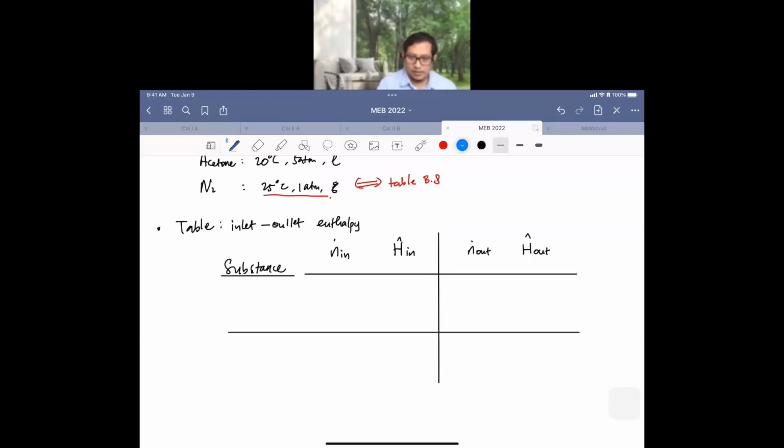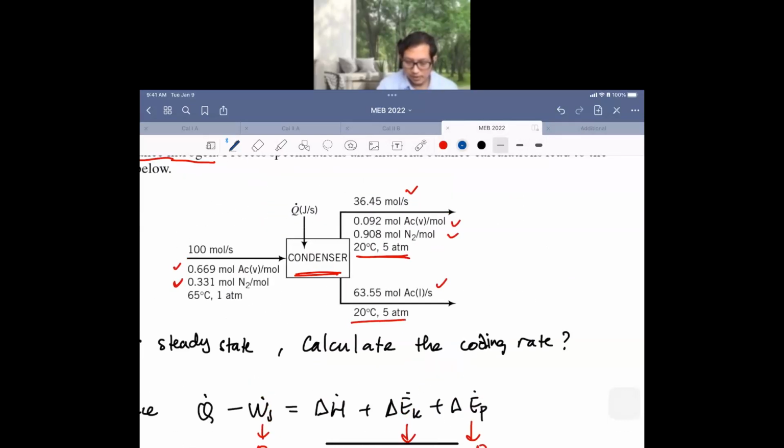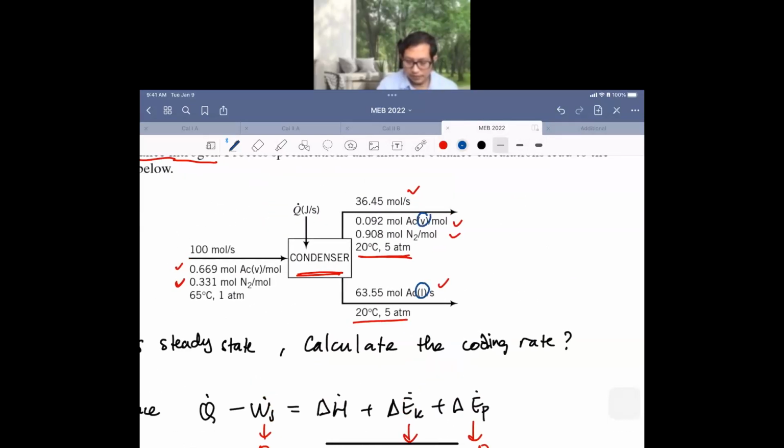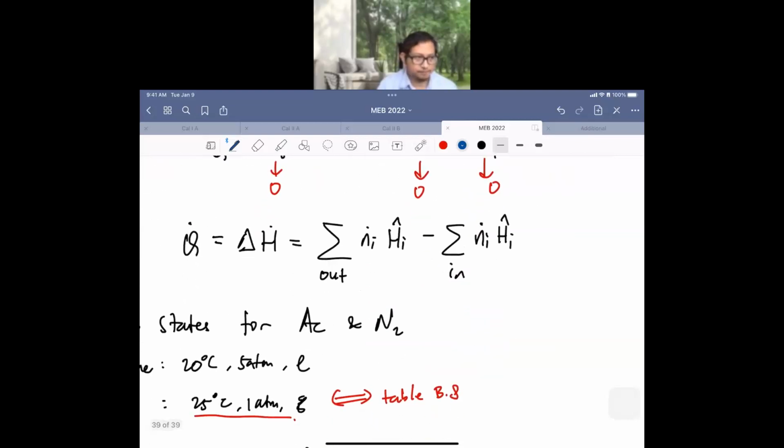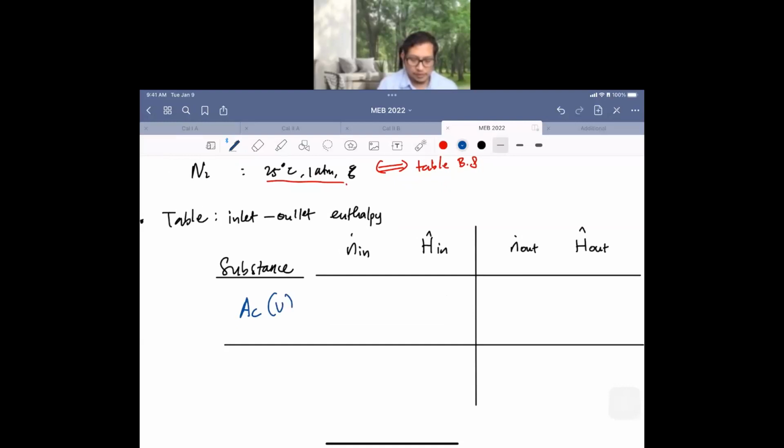Okay, substance, we can write substance as acetone. We have two acetones. First one is liquid, the second one is vapor. So acetone vapor.